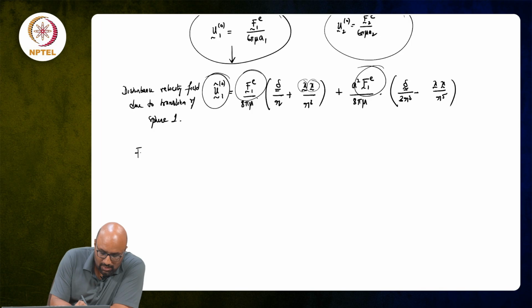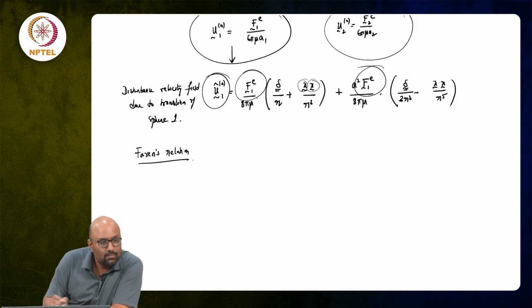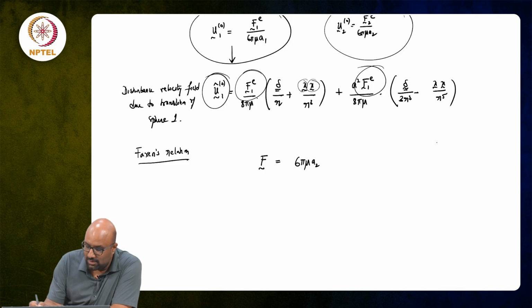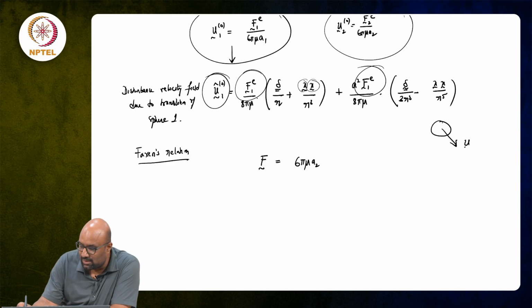This is where you go back to Faxén's relation. What does Faxén's relation tell us? That the total force acting on a sphere is, what is it? 6 pi mu A2. If it is translating with some velocity, so if there is a sphere which is translating with some velocity u2 in a flow field that is u infinity, then what is the drag force on the sphere?